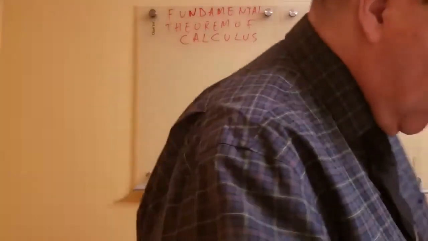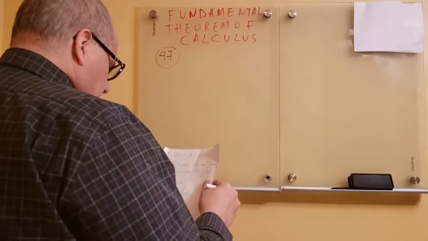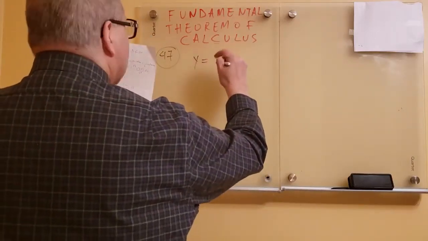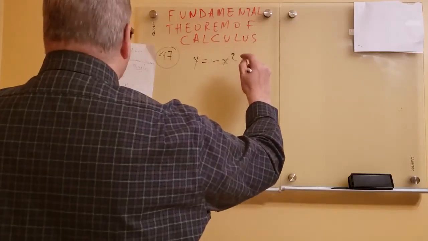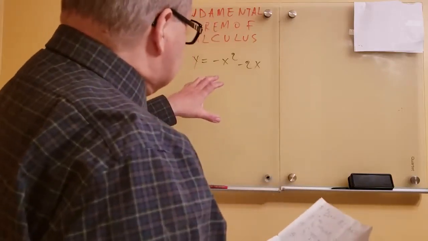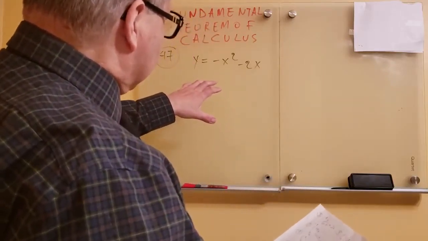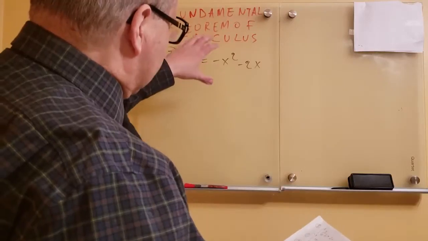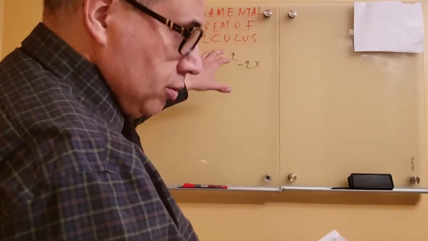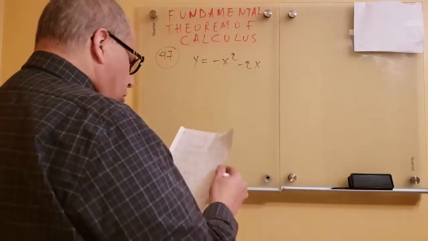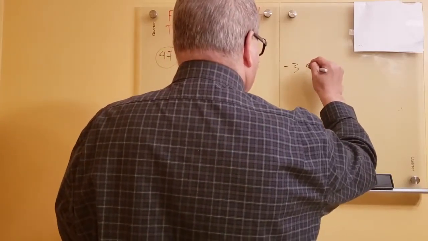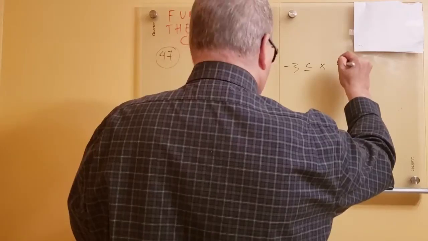Now the next problem is problem 47. We have the function y equal to minus x squared minus 2x, and we have to find the area enclosed by the graph of this function and the x-axis, in the interval between minus 3 and 2.